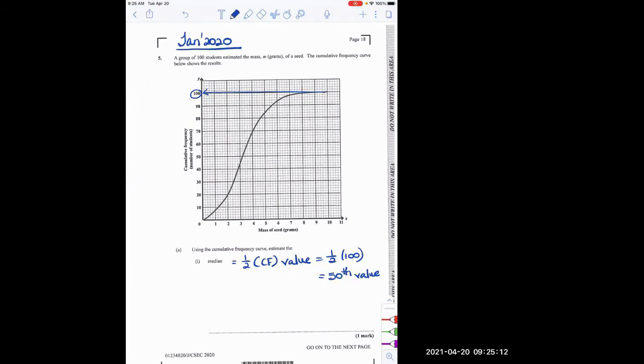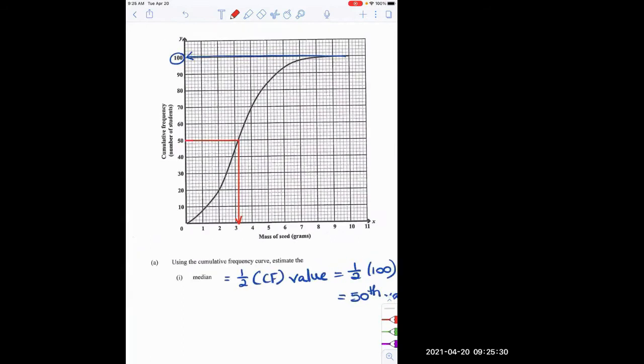So we have to get the grams of the seed, right? So 50 on the y-axis, we go straight across to the curve and we come straight downwards. Now, we need to read off the value.